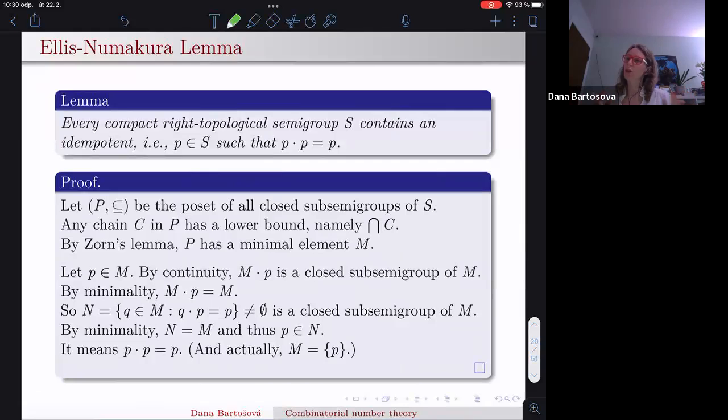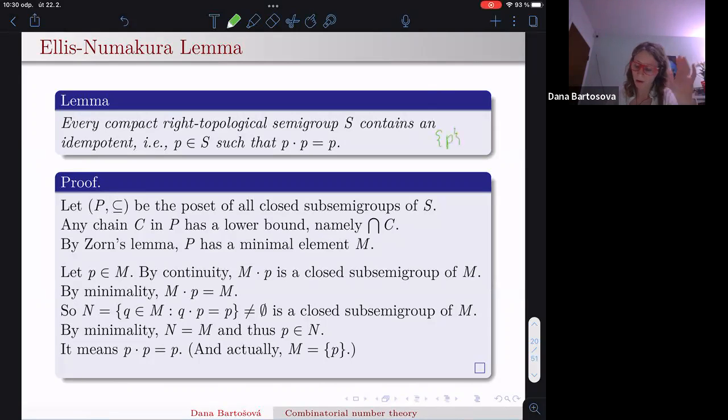So this is sort of a show-off of how set theory, topology, and algebra come together in one proof. So first of all, we are going to establish that there must be some minimal closed subsemigroup. Well, if I do have an idempotent, then an idempotent is a subsemigroup, right?